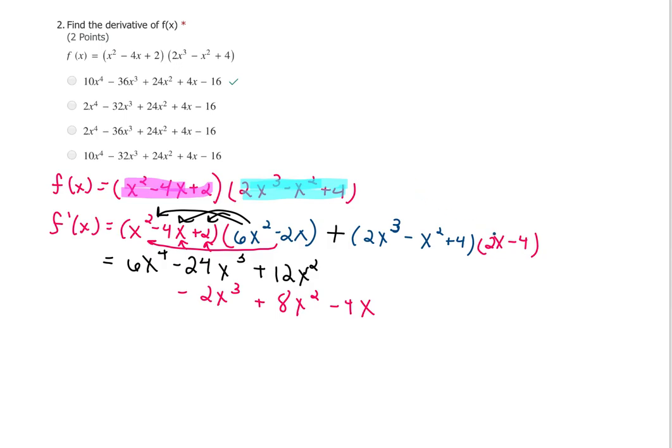On our other side, I'm going to take this 2x and I'm going to multiply it by every one of the terms in this second. So 2x times a negative x cubed is going to give us a 4x to the fourth, and then minus 2x cubed, and then plus 8x.